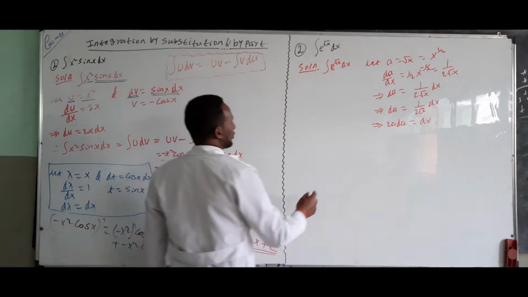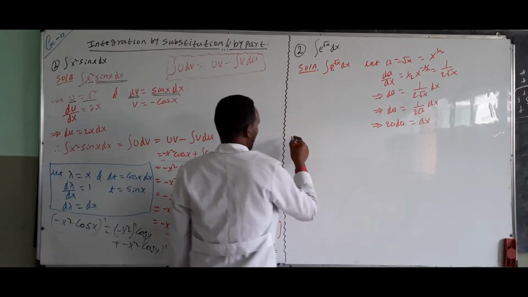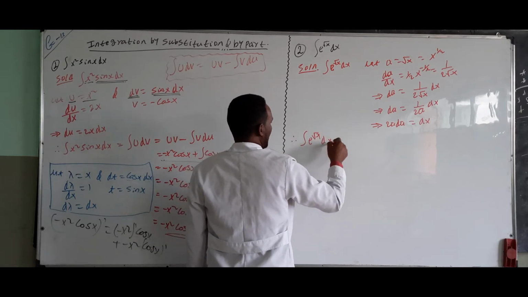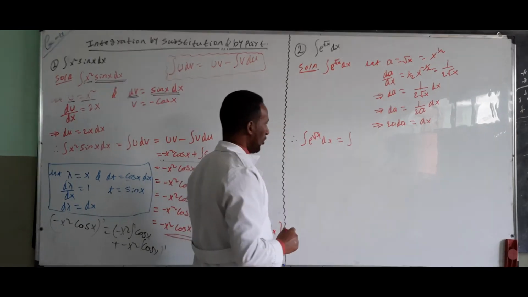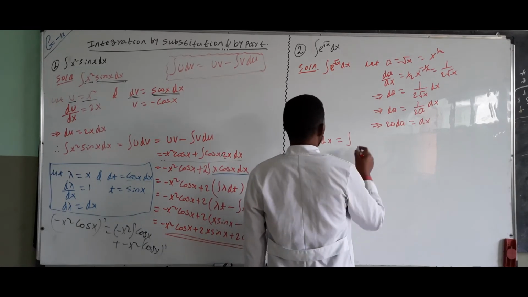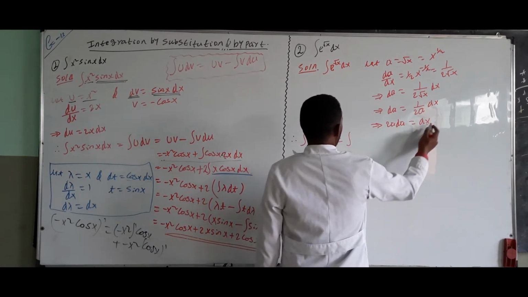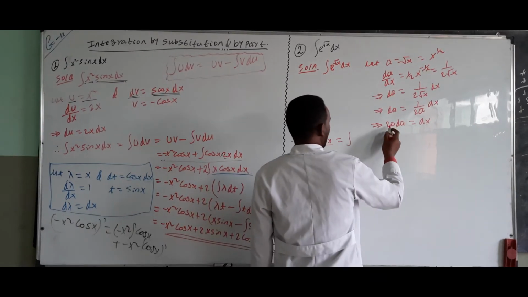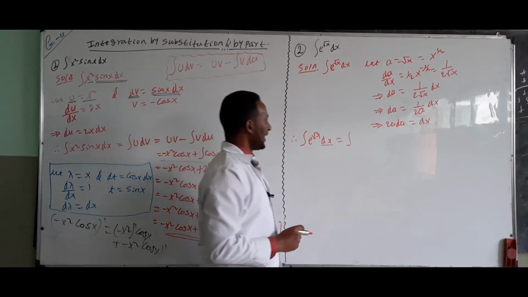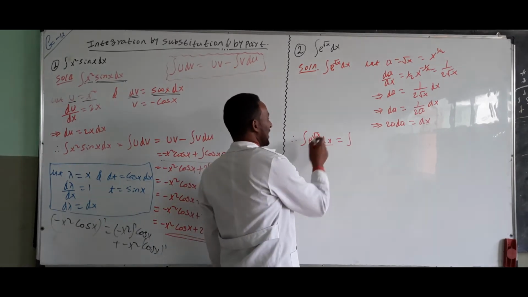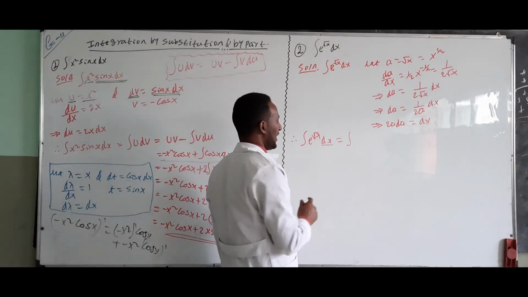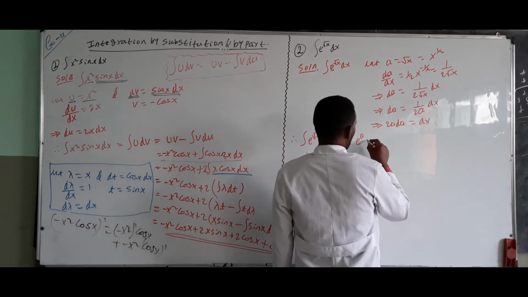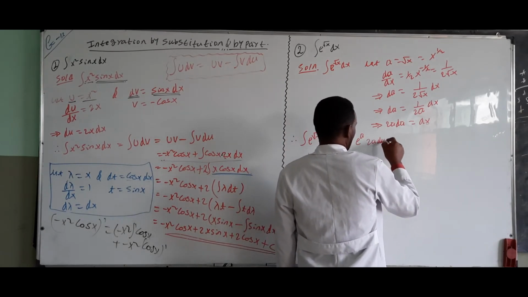Then let us substitute. Therefore, the integral of e to the power of radical x dx is equal to the integration of, when we substitute dx by 2a dA and radical x by a, e to the power of a times 2a dA.